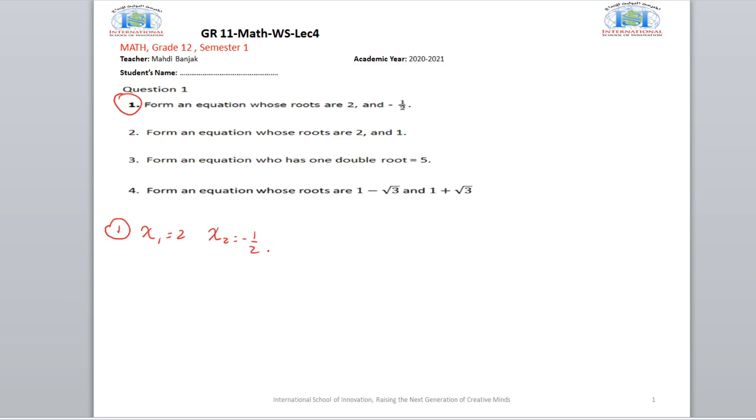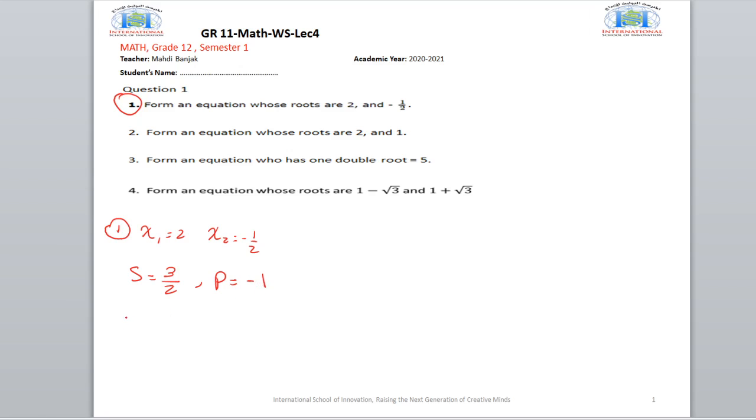Hold your calculator and start. First you find their sum. Their sum is 2 minus half, so it's 1.5, meaning 3 over 2. You may write it like this. And their product is 2 times minus half, so it's negative 1. So their sum is 3 over 2 and their product is negative 1.